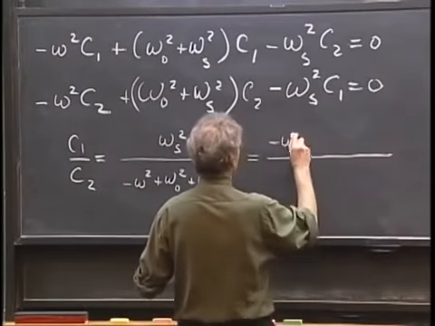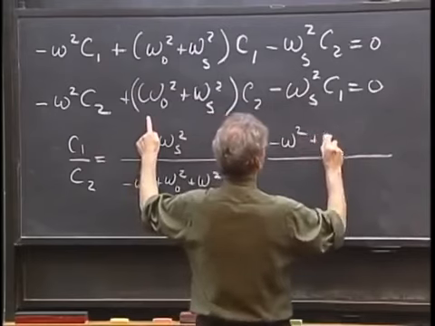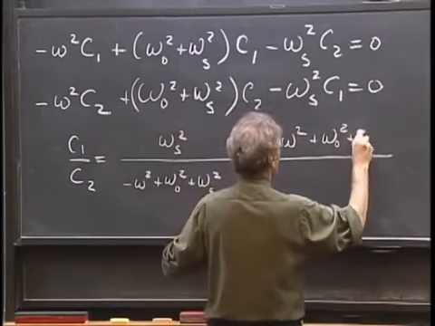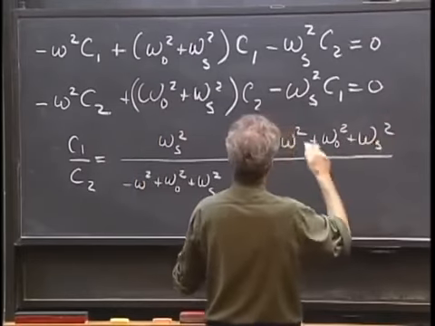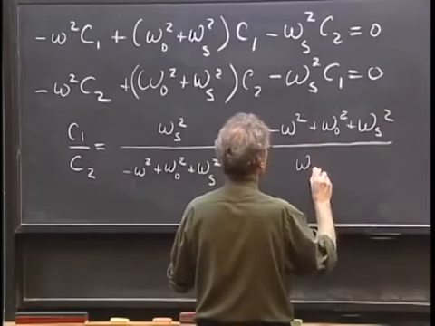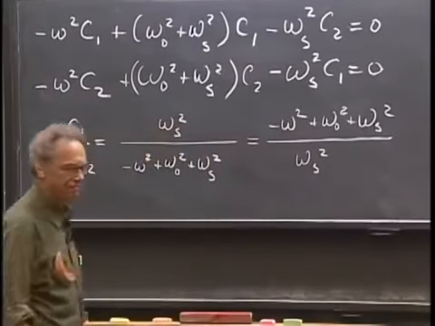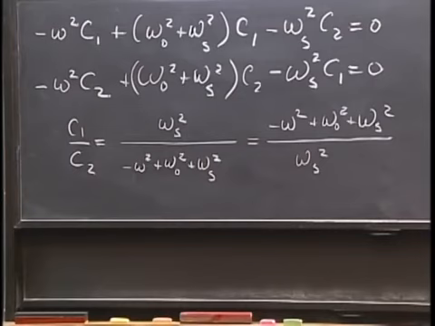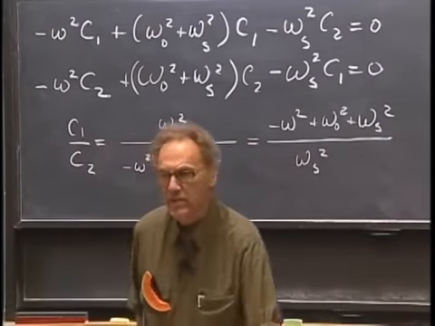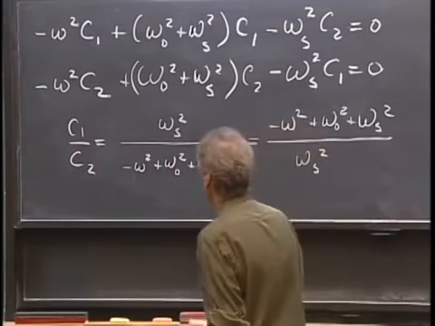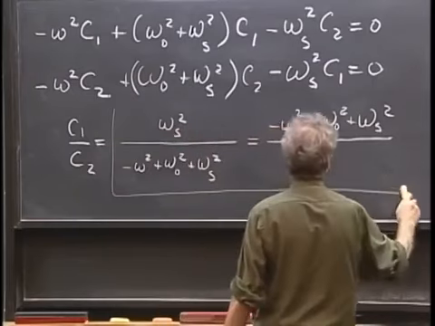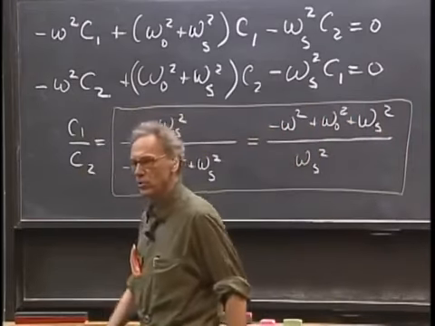So I get minus omega squared plus omega 0 squared plus omega s squared, and I get downstairs omega s squared. And now I have eliminated c1 and c2, because if I solve this equation, I get my solutions for omega.